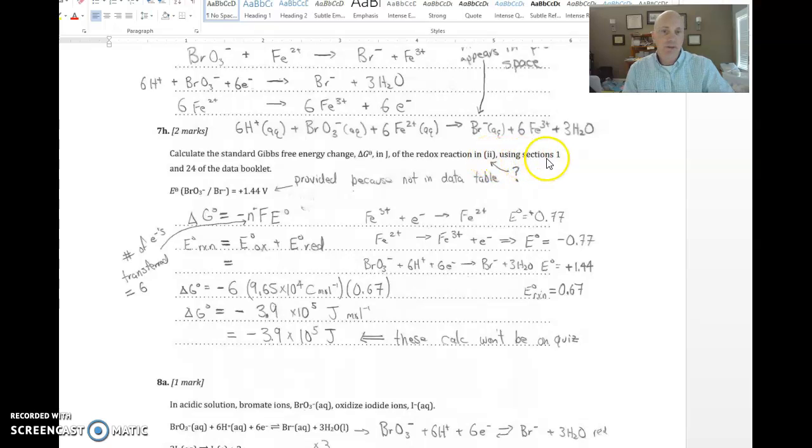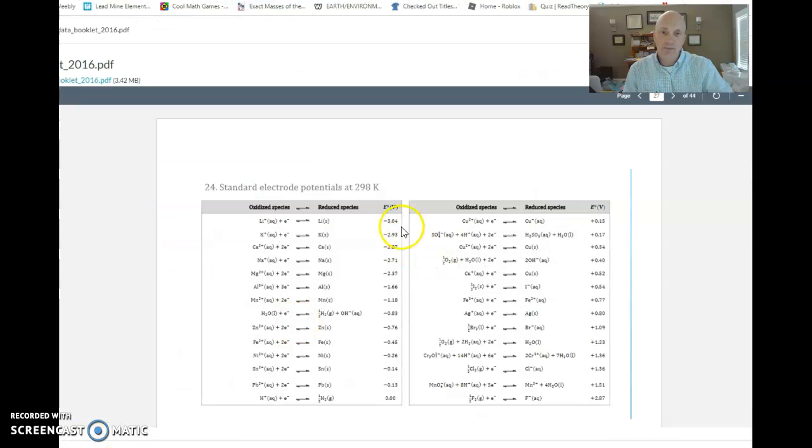But they mentioned using sections 1 and 2 of this data booklet to figure this out. So they provide this information right here. And why do they provide this right here? That's because in your data booklet, the only thing that you have potentials for as far as half reactions are in this chart right here.